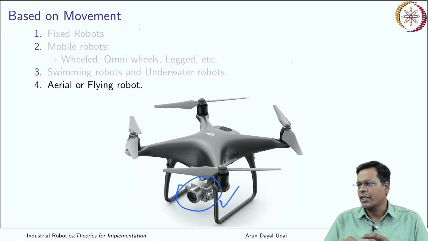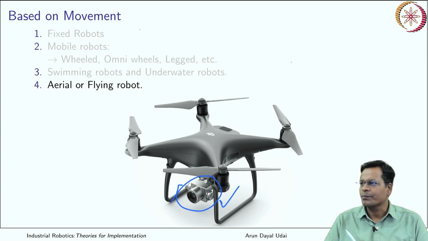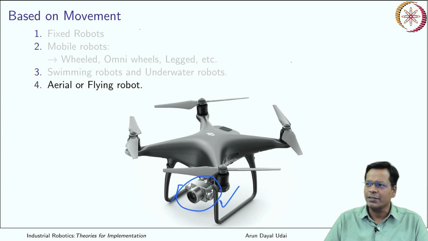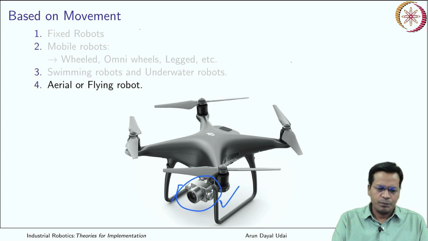Nowadays it has the potential to be used for drone delivery of courier or food packets. It is used for military surveillance and many other things. So this is your aerial robot which flies, right?